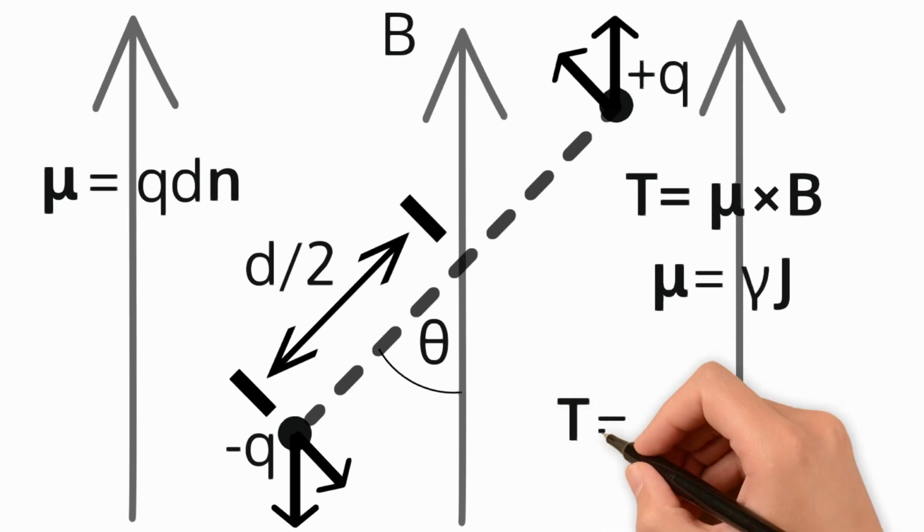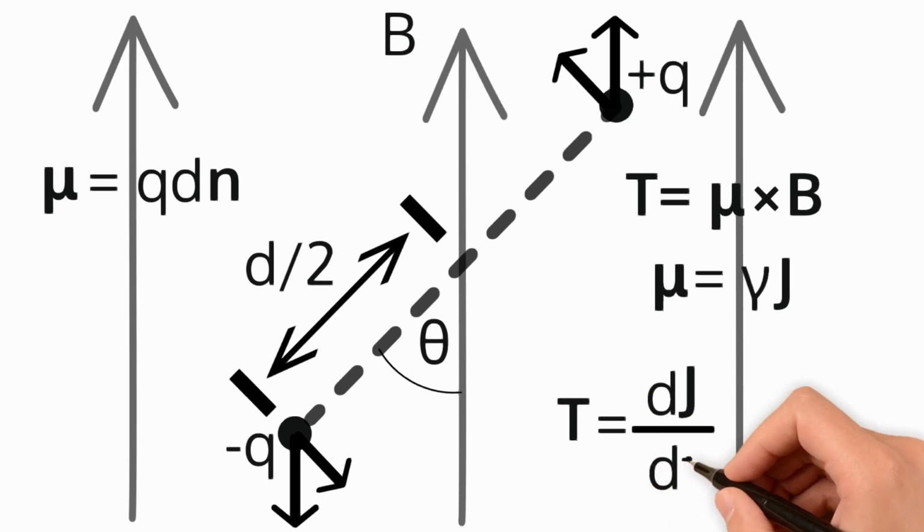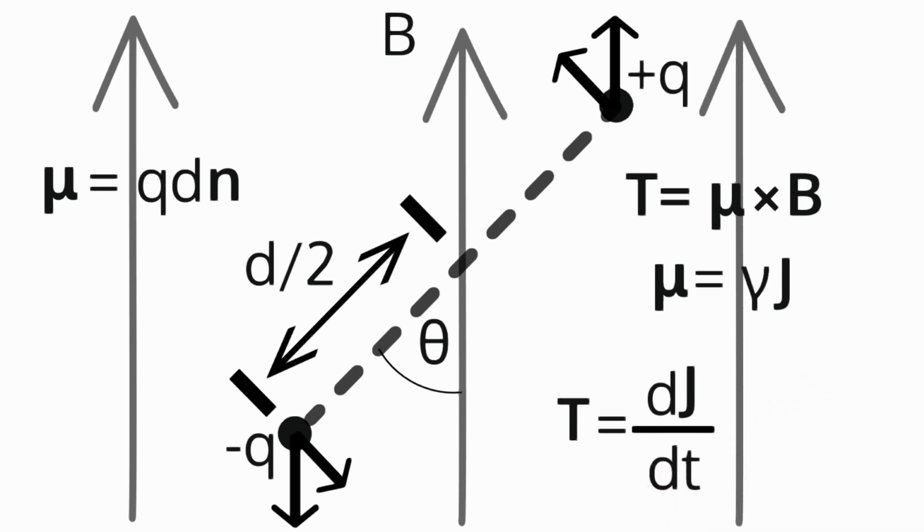Let's also consider the rotational counterpart to Newton's second law of dynamics, T equals dJ by dt. If we apply both of these to our torque equation, we get dJ by dt equals gamma J cross B, which tells us that the angular momentum changes in a direction perpendicular to both itself and the external magnetic field. In this picture, it would be out of the screen, towards you.